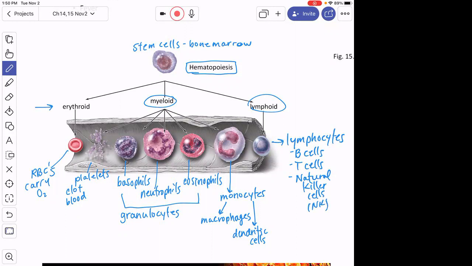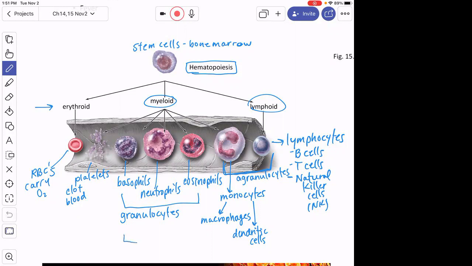Okay, we're not going to spend much time at all on natural killer cells. We'll spend a lot of time on B cells and T cells. But these monocytes and lymphocytes make up the agranulocytes. A meaning without granules. So you've got your granulocytes and your agranulocytes.